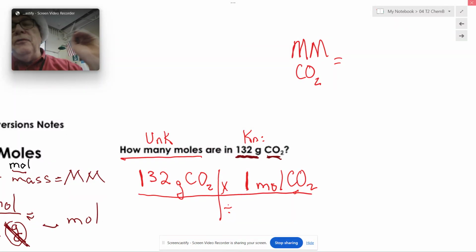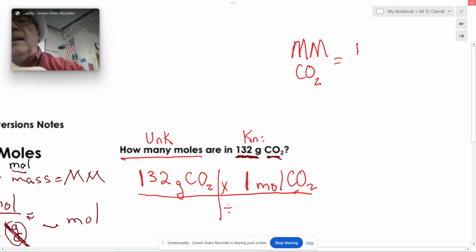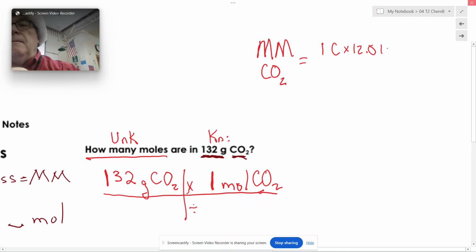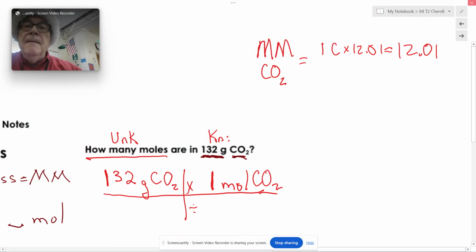Okay, how do you find the molar mass of carbon dioxide? Well, we have 1 carbon, and we look carbon up on the periodic table, and we find 12.01. So we have 1 times 12.01. That's the mass of the carbon in carbon dioxide. But look, we have 2 oxygens. We look up oxygen on the periodic table, that's 16.00. 2 times 16.